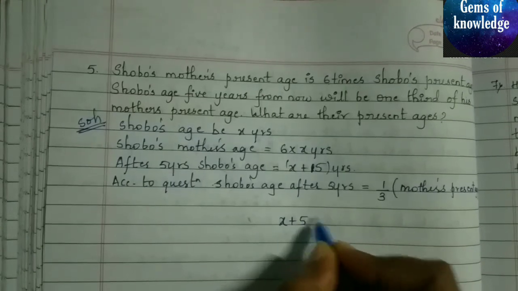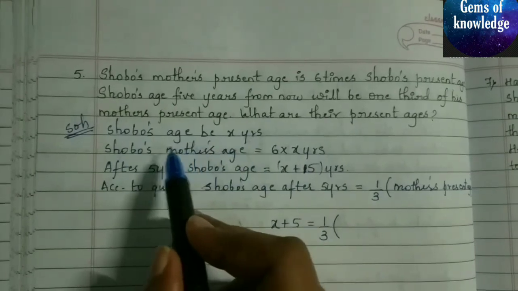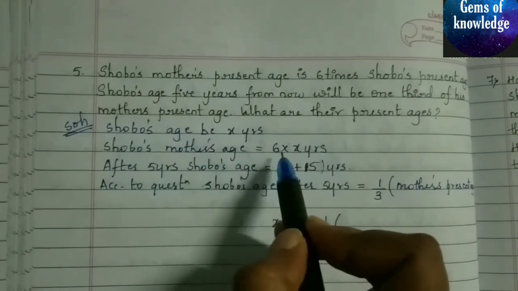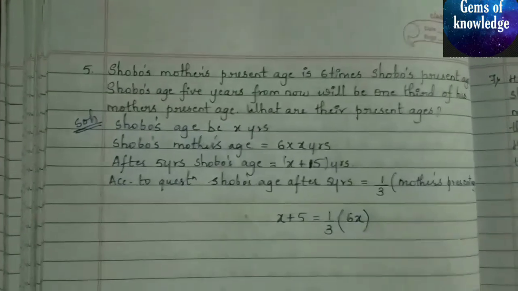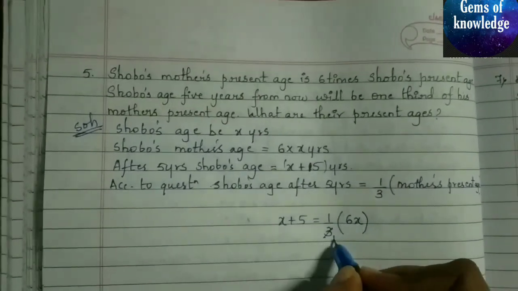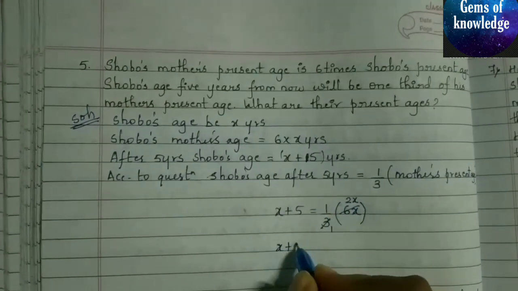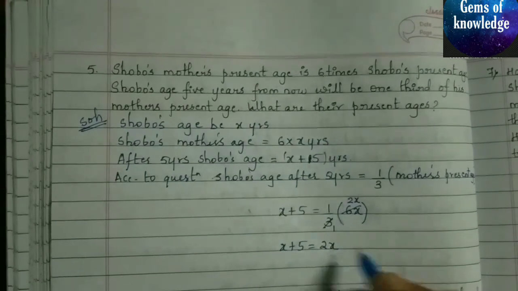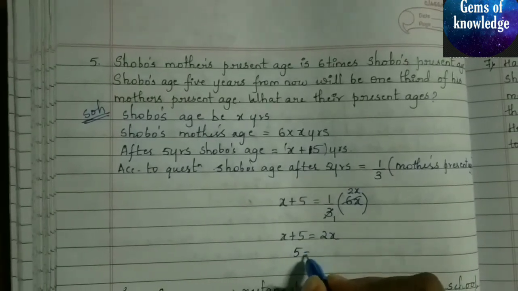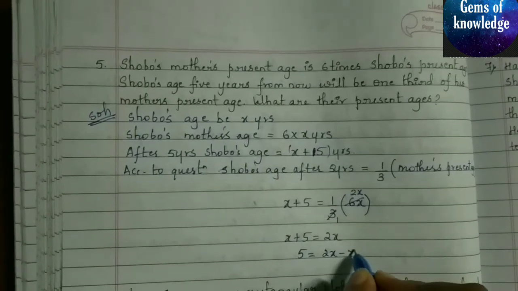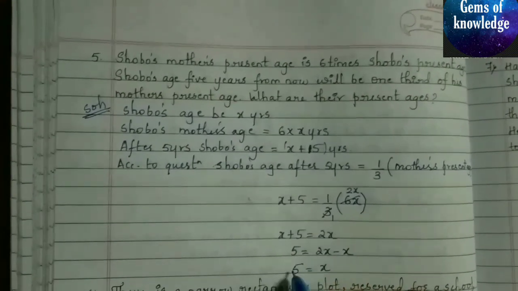So x plus 5 is equal to 1/3 of the mother's present age. Shobhu's mother's present age is 6 into x years, so we write 6x. Now 3 ones are 3, 3 twos are 6, x will be as it is. So x plus 5 is equal to 2x. When you bring x to this side, 5 is equal to 2x minus x. So 2x minus x is x, which is equal to 5.